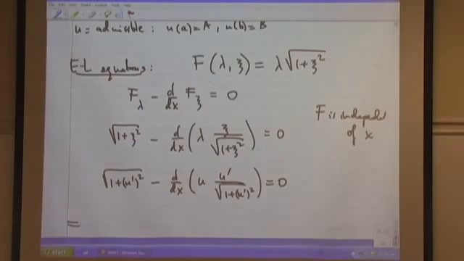And this means, what was the similar form?